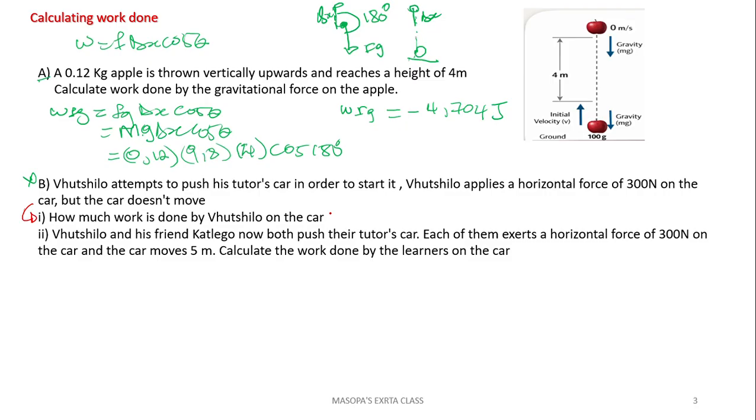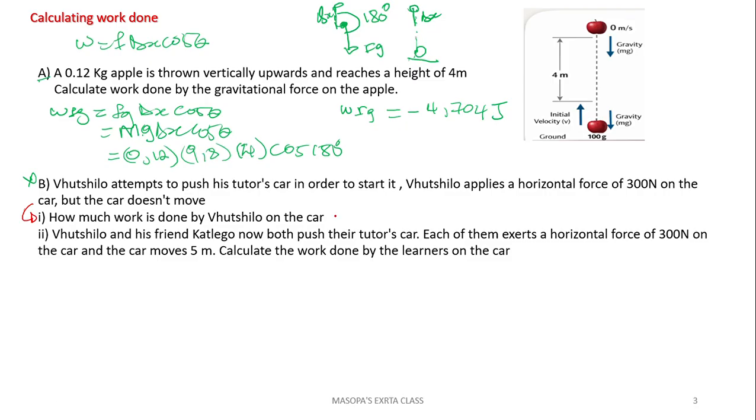So how much work is done by him on the car? If you are doing work on an object and it doesn't move, it means that you are applying a force at an angle of 90, or there's no displacement, meaning that your displacement is 0.